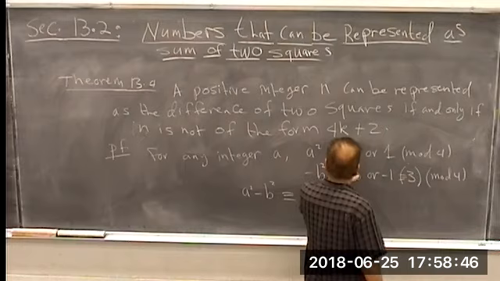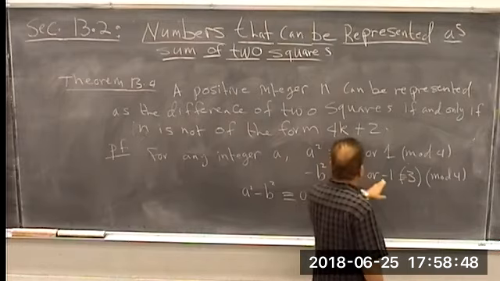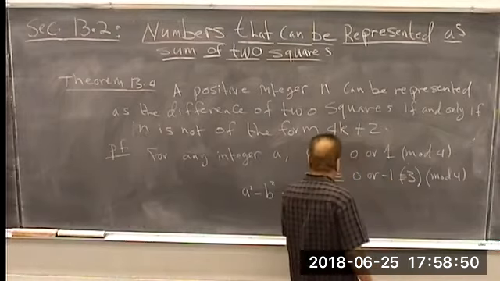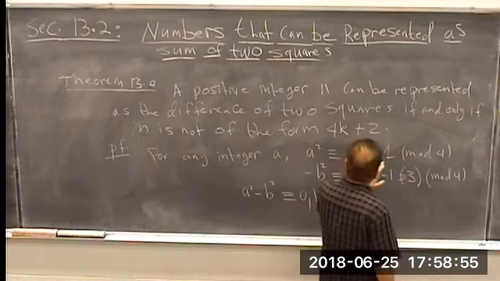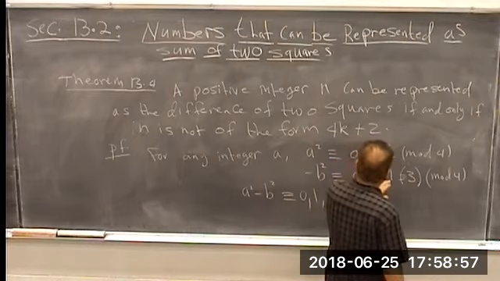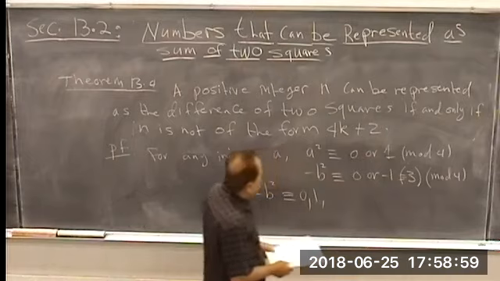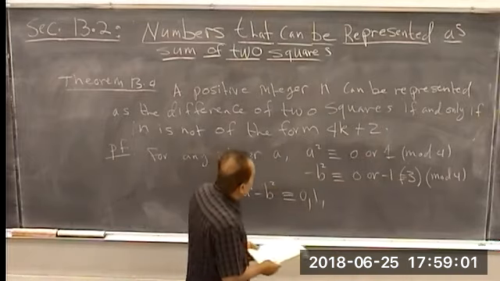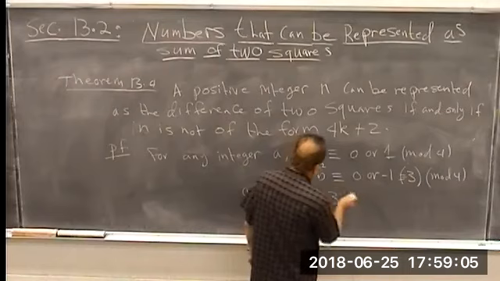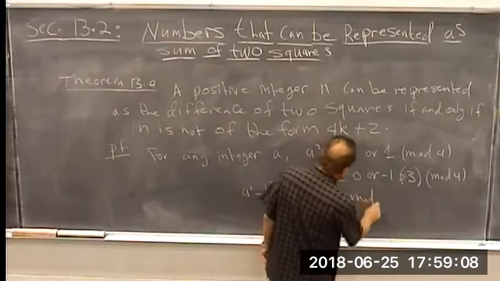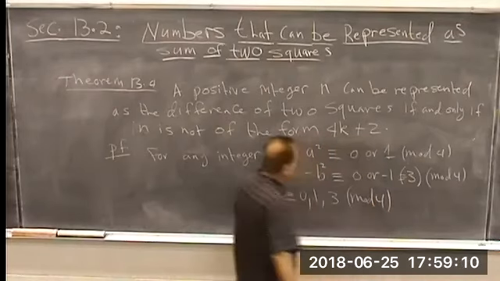If we get 0 and -1, that's going to give me 3. If I take 1 with 0, I get 1, and when I take 1 and -1, I get 0. Okay, so these are all the possibilities: 0, 1, 3.